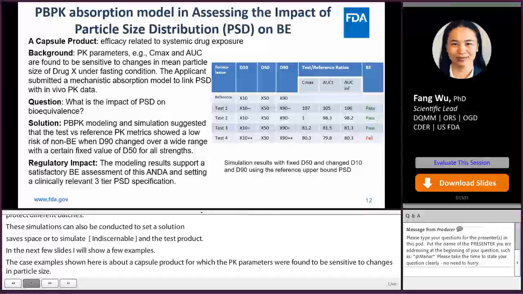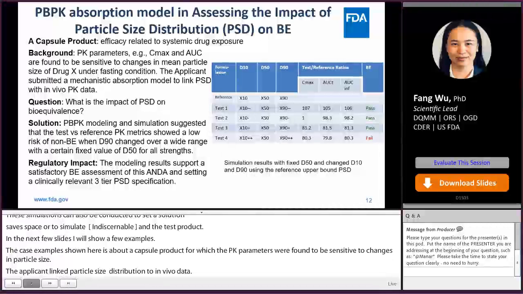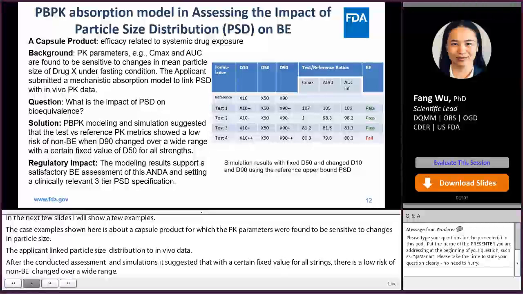FDA reviewers conducted assessment on the PBPK modeling and simulations, which suggested that with a certain fixed value of D50 for all strengths, the test versus reference PK metrics showed a low risk of non-BE when D90 changed over a wide range. These modeling results suggest a satisfactory BE assessment of this ANDA and setting a clinically relevant 3-tier PSD specification.